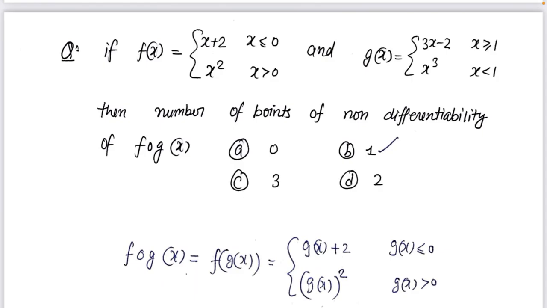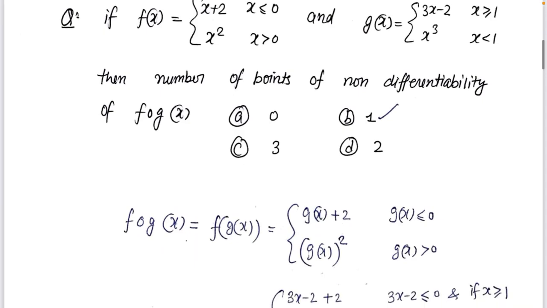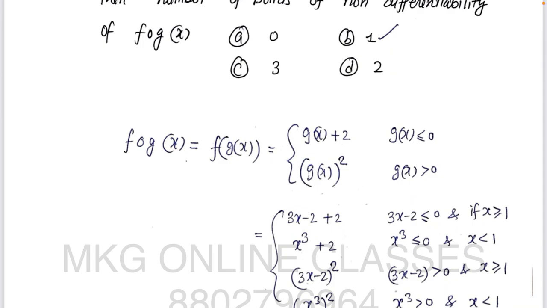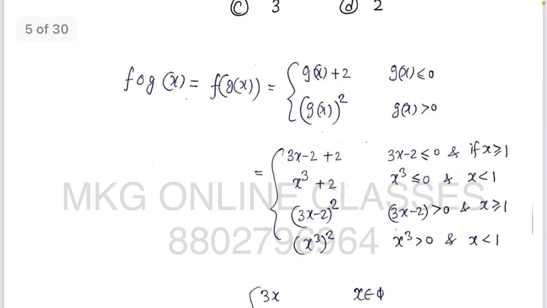So g(x) is 3x minus 2, x is greater than or equal to 1. So in place of g(x) I have put 3x minus 2 less than or equal to 0 because g(x) is less than or equal to 0 if x is greater than 1. So you will find f of g(x).